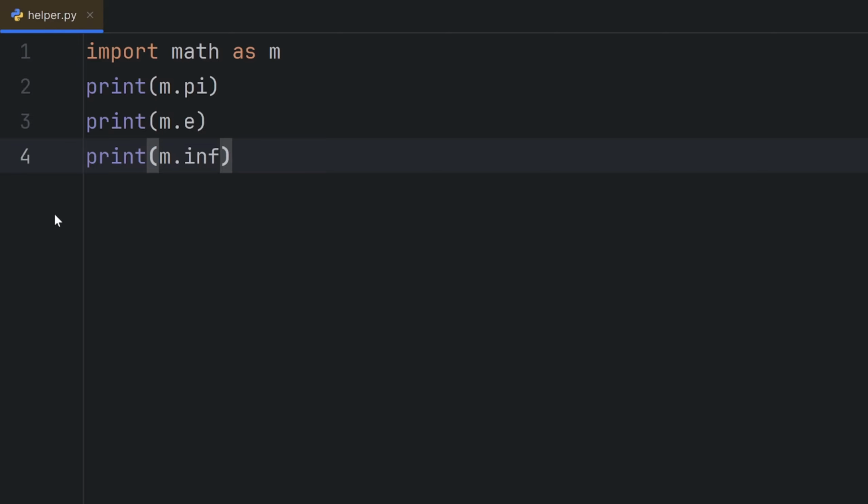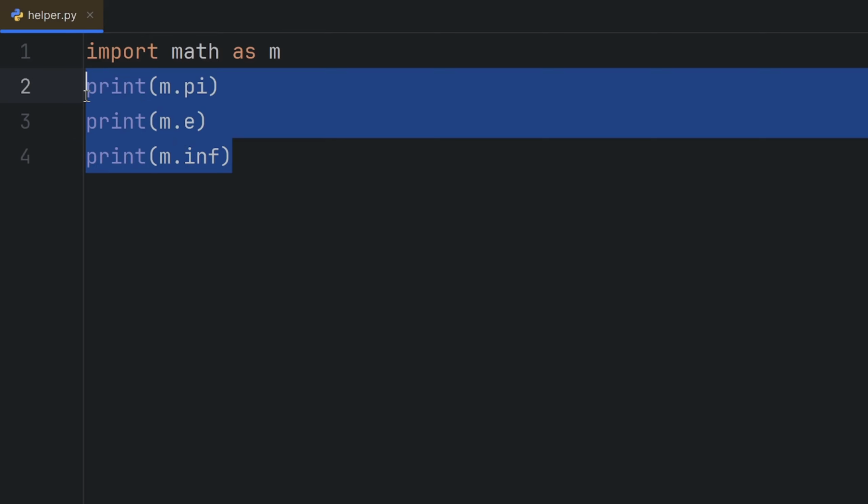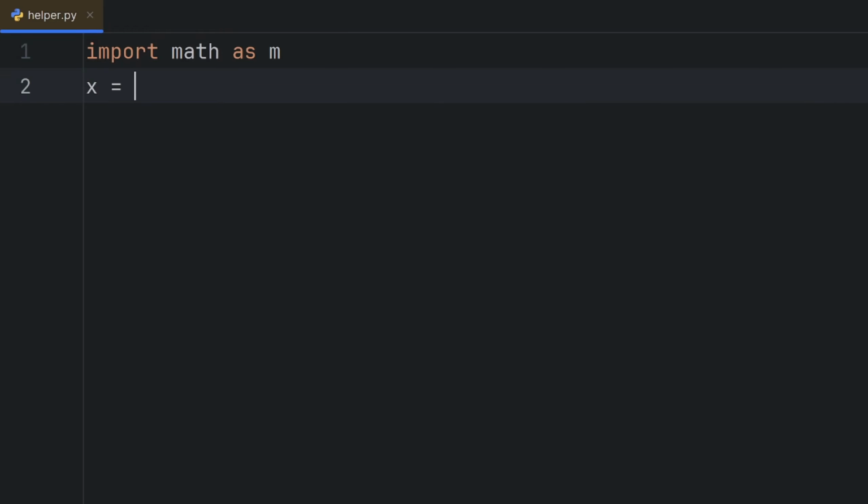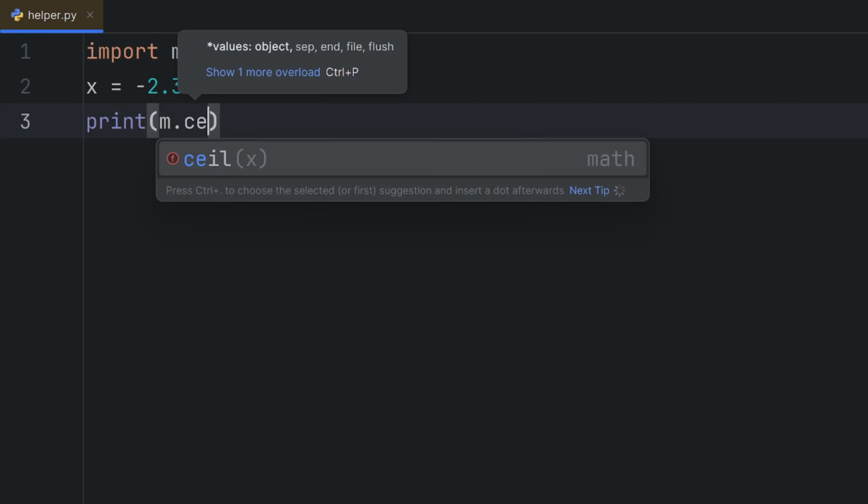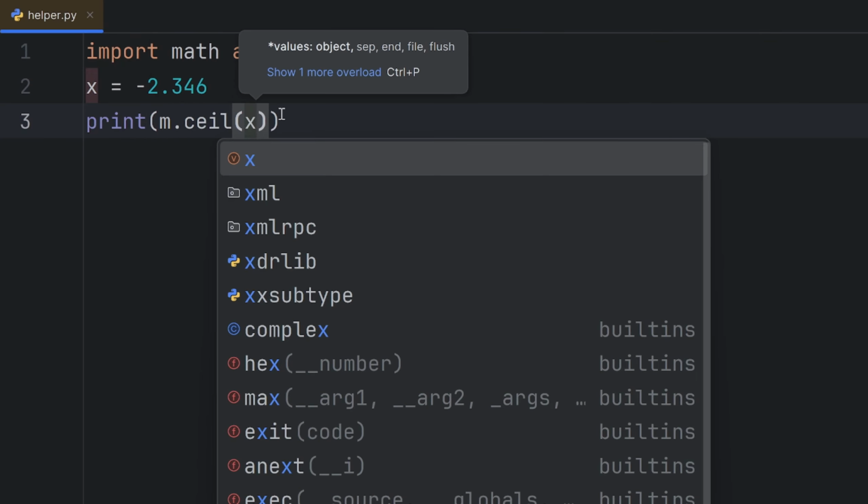Another important set of functions are rounding functions. For example, if I have a number minus 2.346, if I want to round up this number, meaning even though it has decimals, I still want to round it to minus 2, I would write m.ceil function and pass x.